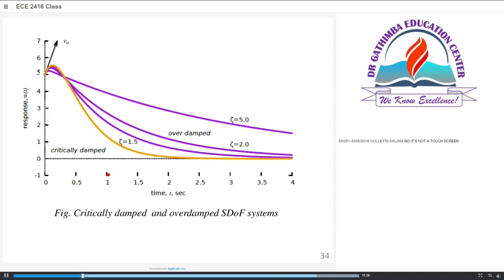This figure illustrates what we mean by critical and overdamped systems for a single degree of freedom vibratory system. So you see, we would expect the motion to be something like that if it was oscillatory.